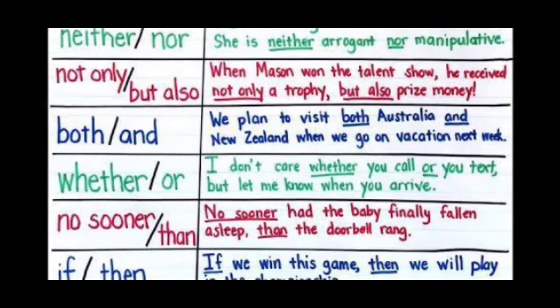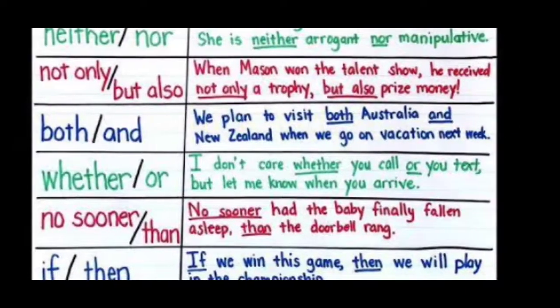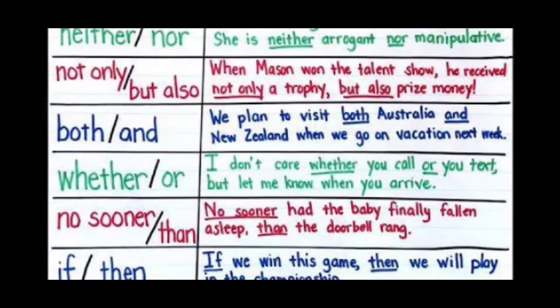We plan to visit both Australia and New Zealand when we go on vacation next week. The next correlative conjunction is whether or. I don't care whether you call or you text, but let me know when you arrive.